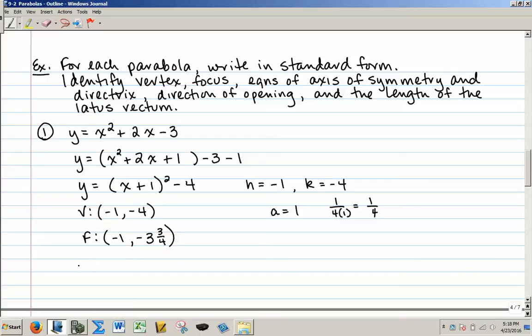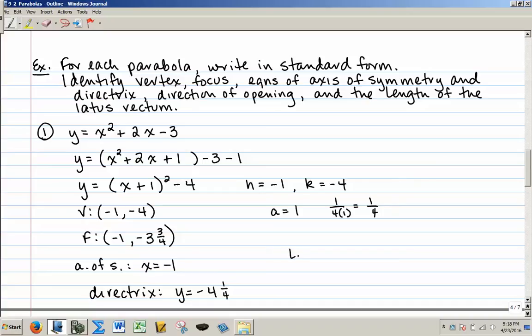The axis of symmetry is the line x equals h, so x equals negative 1. The equation of the directrix is y equals k minus 1 over 4a, and so that's 1/4, my a over here, so that's going to be y equals negative 4 and 1/4.